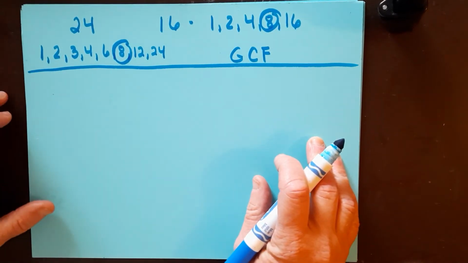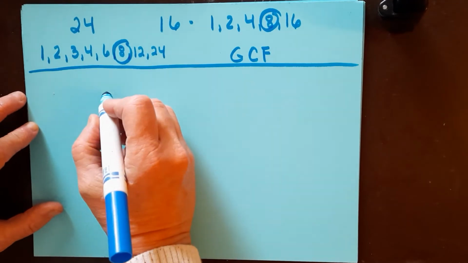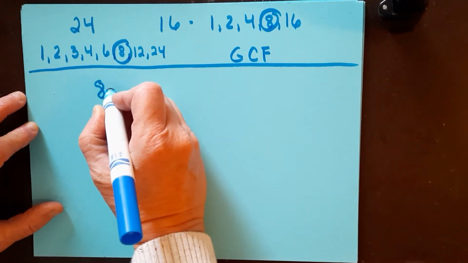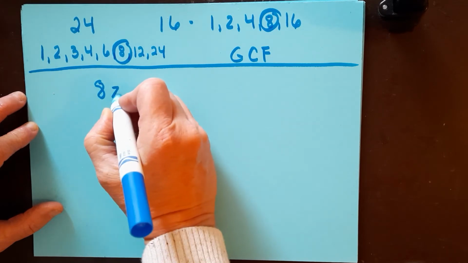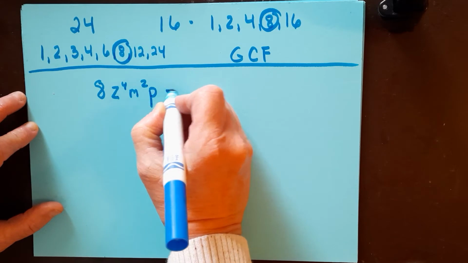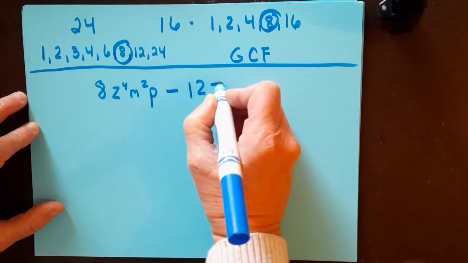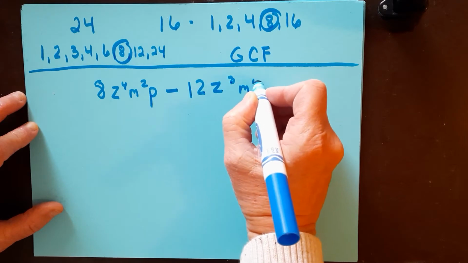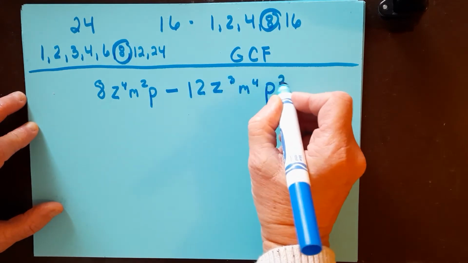So now, though, we're going to find the greatest common factor of some variable expressions. If we have 8z to the 4th, m to the 2nd times p, and we're going to subtract 12z to the 3rd, m to the 4th, p squared.